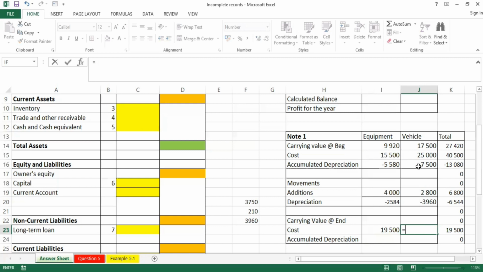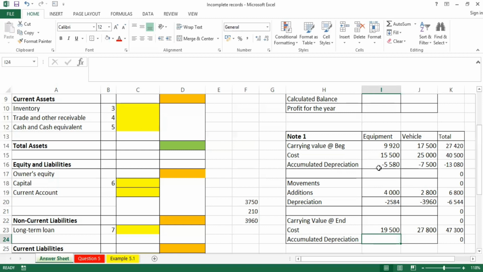Same thing with VIK. Is equal to cost at the beginning plus additions. Get what? Our value at the end. Okay, and then our accumulated depreciation. In order to get our accumulated depreciation, we have to see accumulated depreciation at the beginning plus our depreciation at the end.